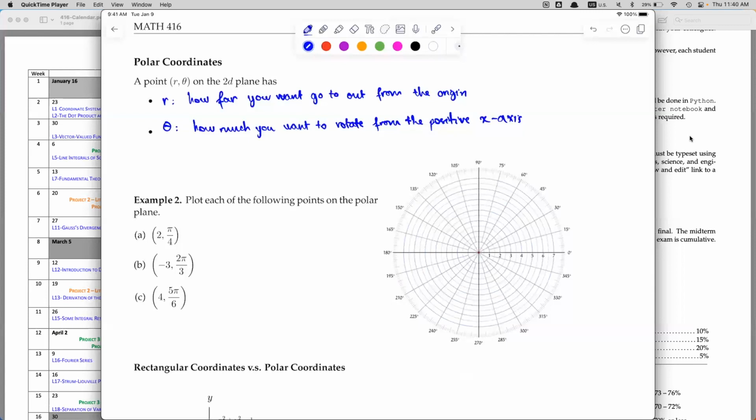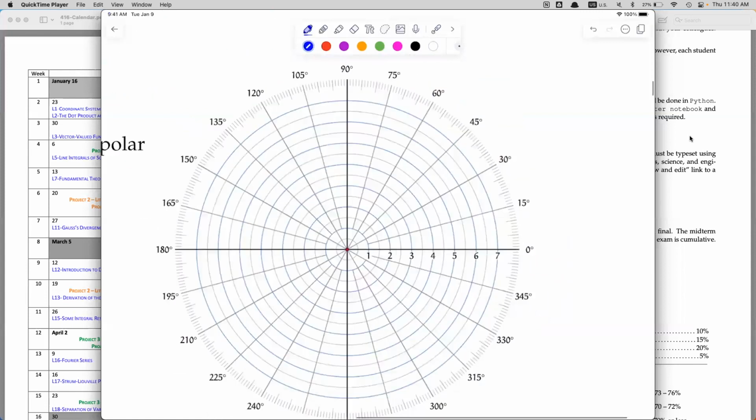But in this case, you have r equal to 2 and theta, which is the rotation, is pi over 4. What is pi over 4 in terms of degrees? 45-degree angle, right? So 45-degree angle right here and r equal to 2. So I get this point.